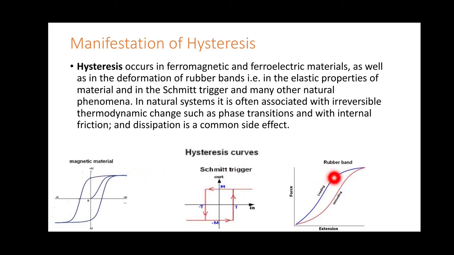In this rubber band diagram, this is the loading case. When force is equal to 0, extension is 0, and as the force increases on the loading case, the extension of the rubber band increases. But in the unloading case, as we remove weight or force, when the force is this much, the extension was this.